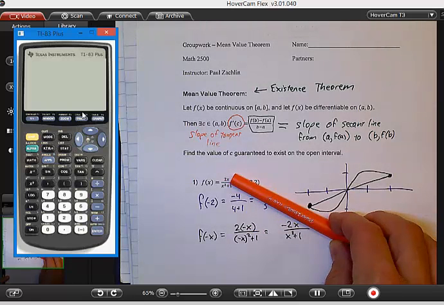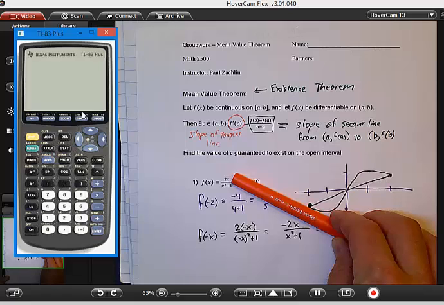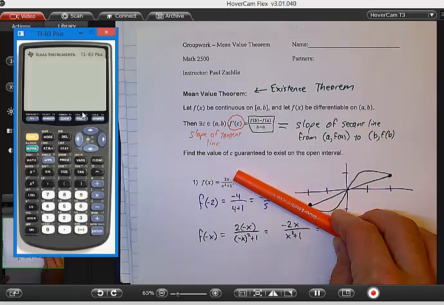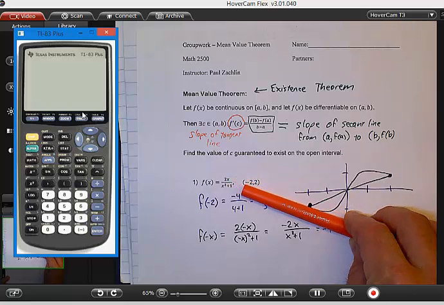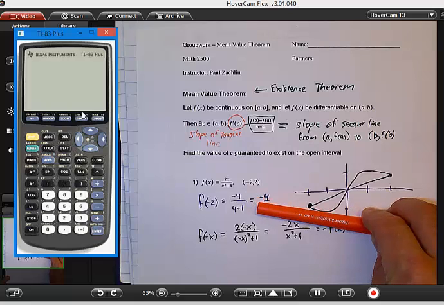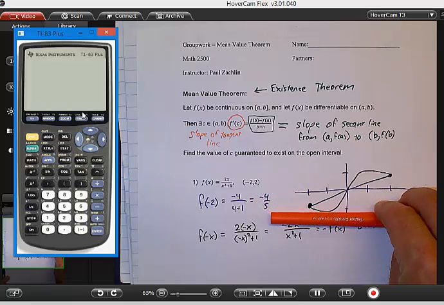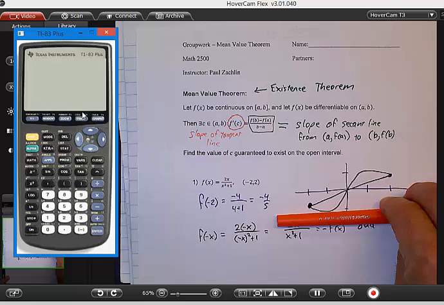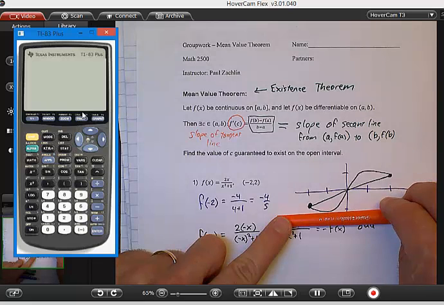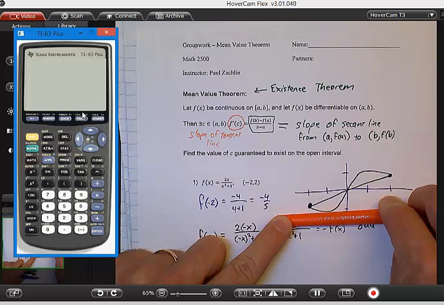Here's my first tangent line, just past A. Is that slope negative or positive? That's negative. If I keep going, stop me when I get to be a slope of 0. Okay? So now my slope's 0. But I'm still not the same. Stop me when I get to have the same slope as the slope of the secant line.